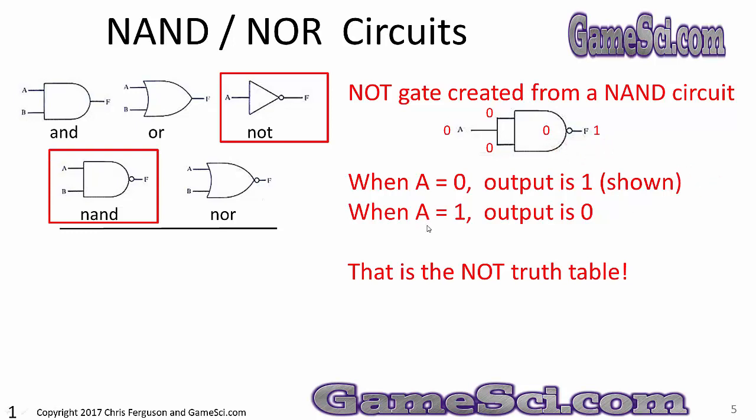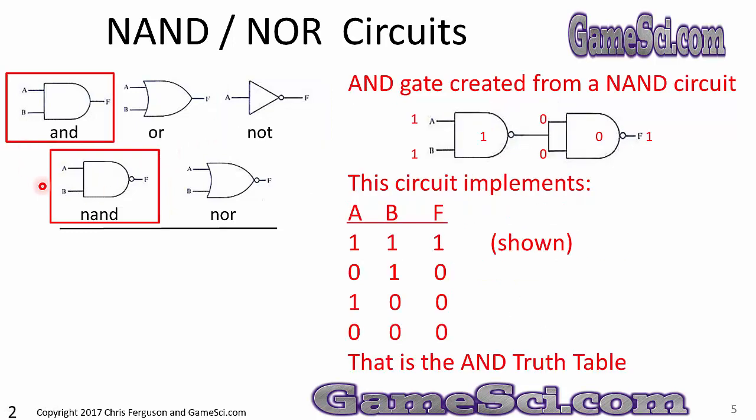But if I flip it and set the input to 1, the output would be 0. If these were both 1s, this would be a 1. NOT 1 would be a 0. That is the NOT truth table. If I wire a NAND gate this way, it basically functions as a NOT gate. This is a NOT gate built out of a NAND gate.